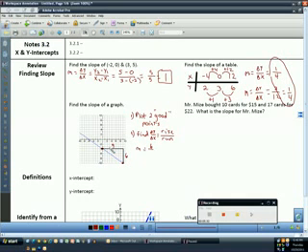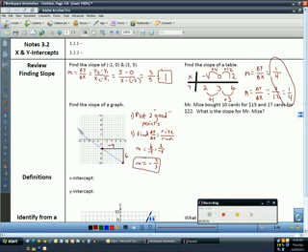But this is upwards and this is left, so this is going to be negative 9. So that's negative 9. 6 over negative 9 is 2 over negative 3, or m equals negative 2/3. So your slope is negative 2/3.